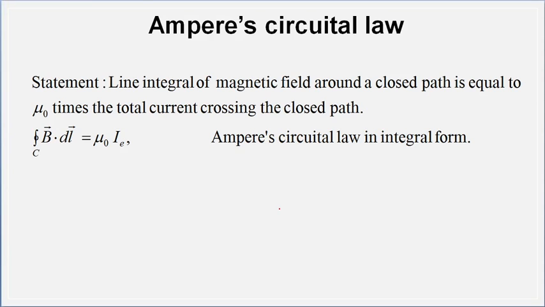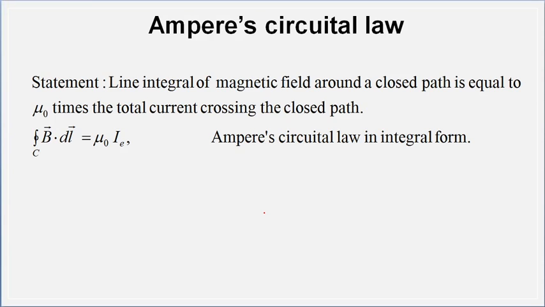Similarly, Gauss's law in electrostatics is similar to Ampere's Circuital Law in magnetism. And we had seen that using Gauss's law, one can easily calculate the electric field. Very simple.